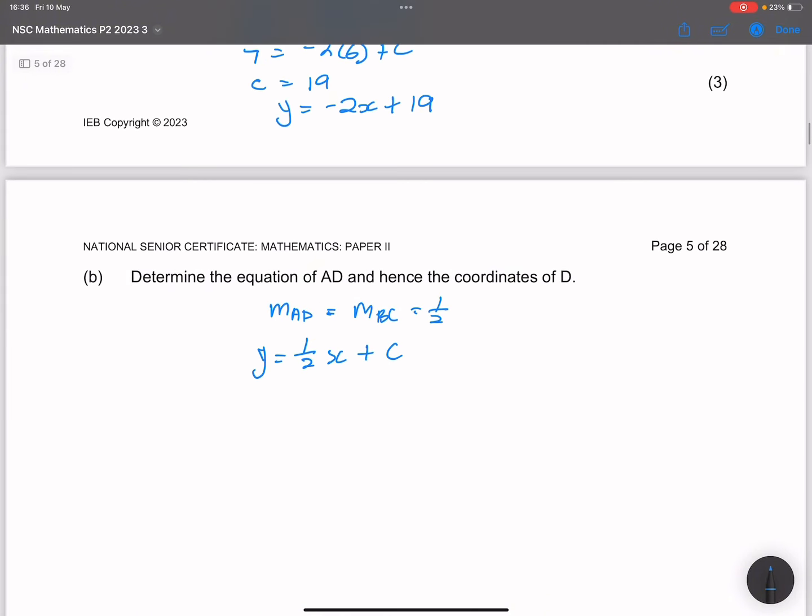So when y is 1, x is 4: 1 equals half of 4 plus c. Half of 4 gives us 2. If we take that to the other side, it becomes -2 plus 1, and so our c value becomes -1. So the equation of the line AD would be y equals 1 over 2 x minus 1.